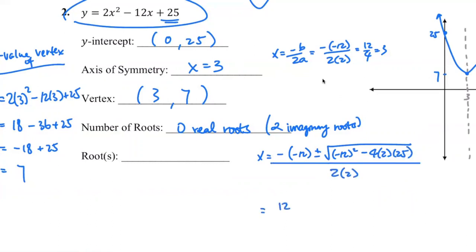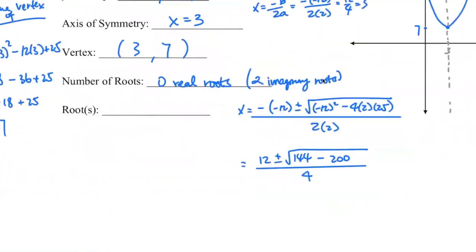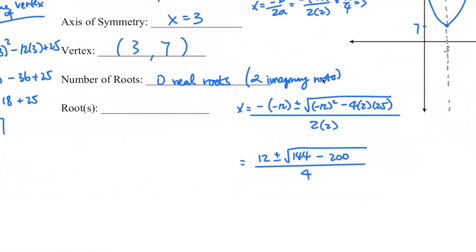So you've got the negative of negative 12, it's positive 12. And you've got 144, and then you've got 200, all over 2 times 2 is 4. So I think we do see a negative number underneath the square root, because 144 minus 200 is negative 56.